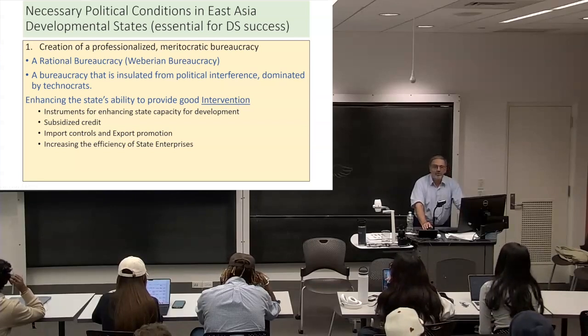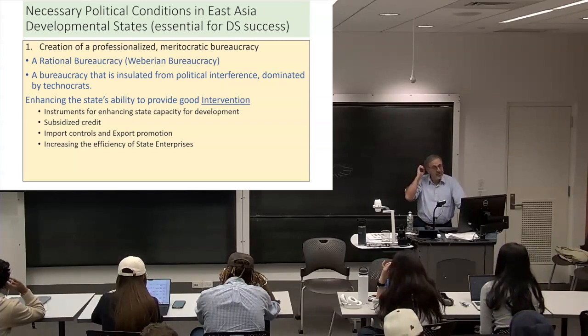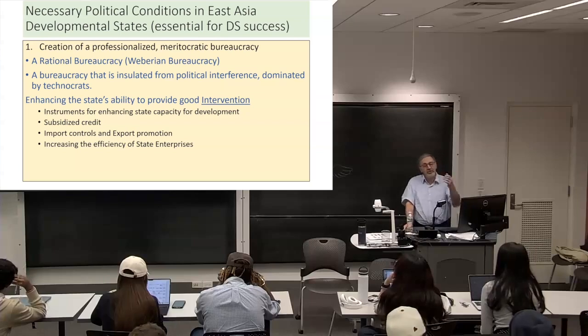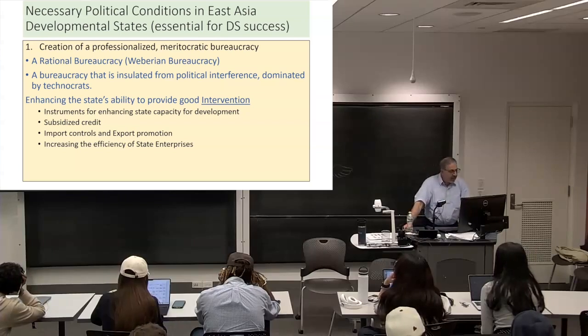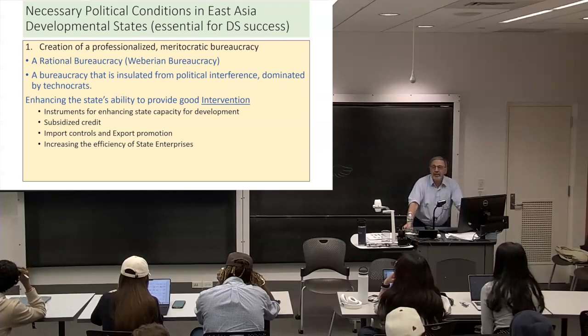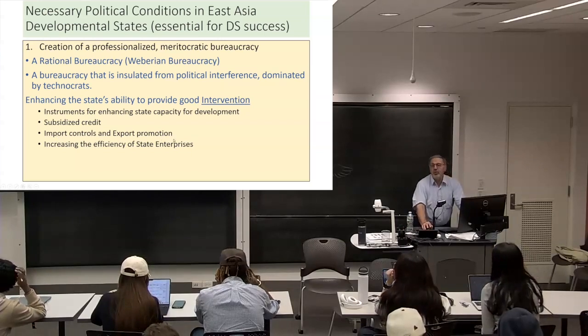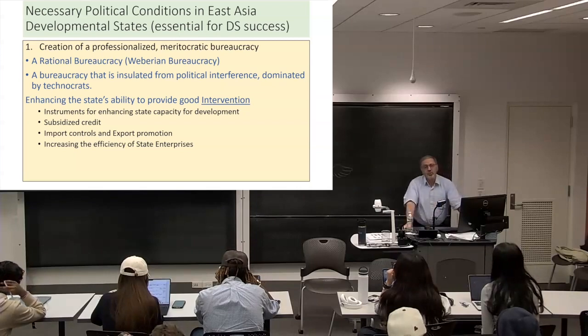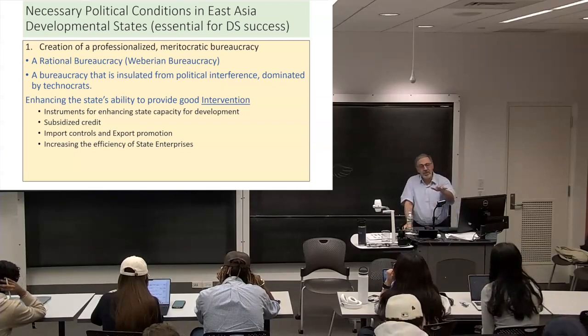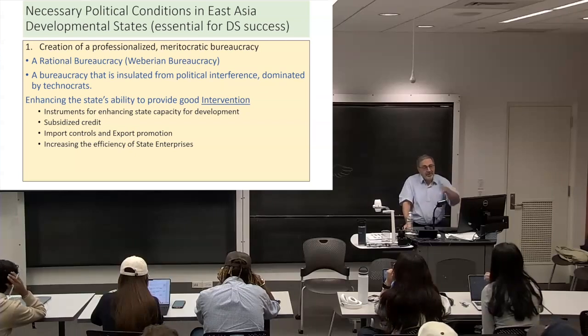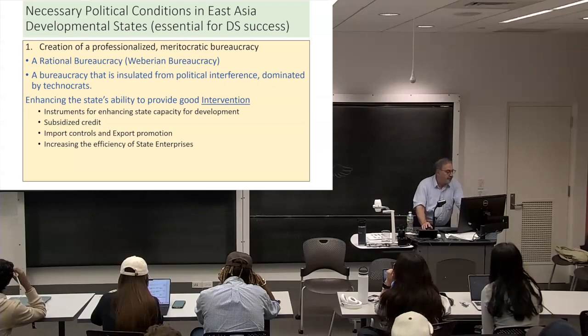It does what is important to bring about economic growth in terms of identifying maybe weaknesses in the private sector, providing technological transfer, helping provide credit to the targeted industries that the government wants to promote, having a good set of import control and export promotion programs, so that when you want to promote an industry, you can reduce the competition against them a little bit, and you can create incentives for them to improve their productivity.